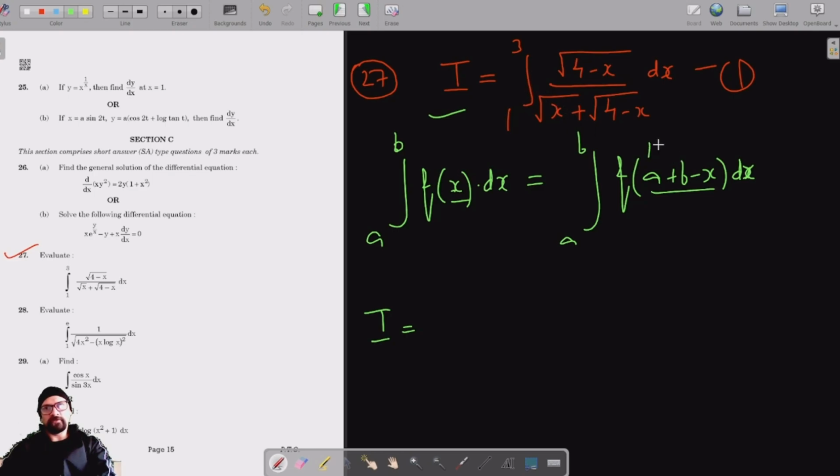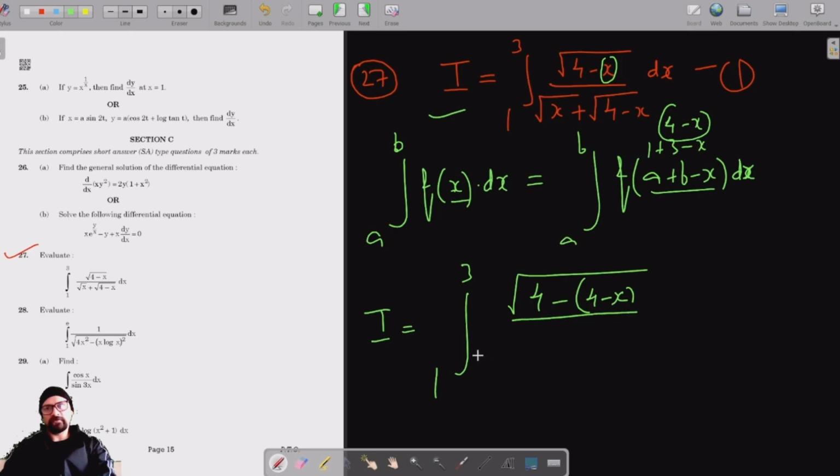So a plus b is 1 plus 3 minus x, which is 4 minus x. So we are going to replace x with 4 minus x. So its integration of 4 minus x is 4 minus x upon 4 minus x plus 4 minus 4 minus x into dx.